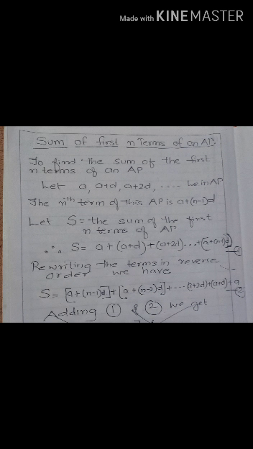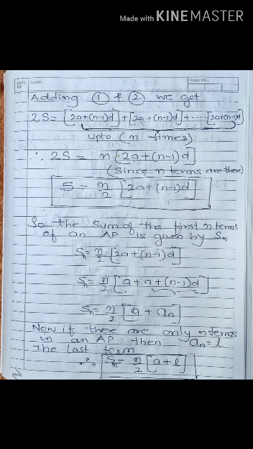Rewriting the terms in the reverse order, we have S equals a plus (n minus 1)d plus a plus (n minus 2)d, and so on up to a plus 2d plus a plus d plus a. That means we are reversing the order. Now we add both the first and second equations.